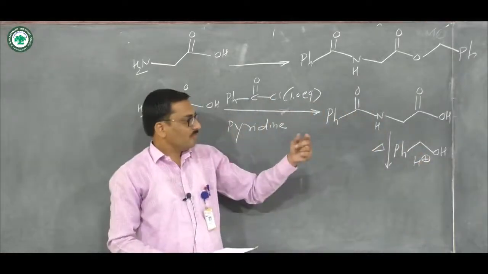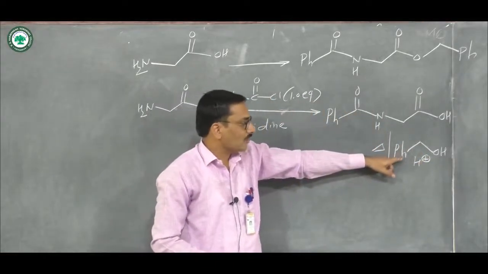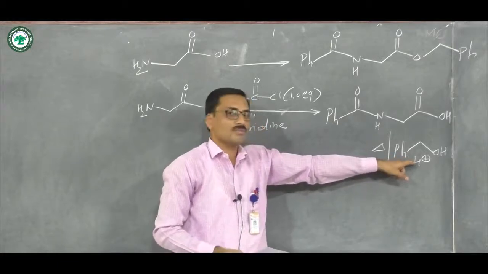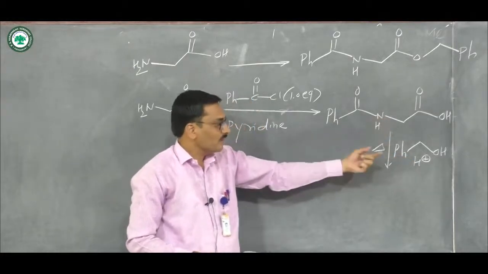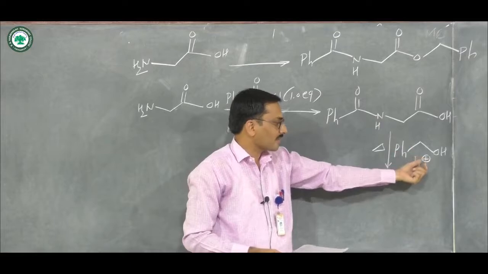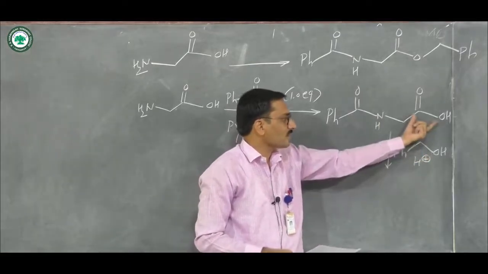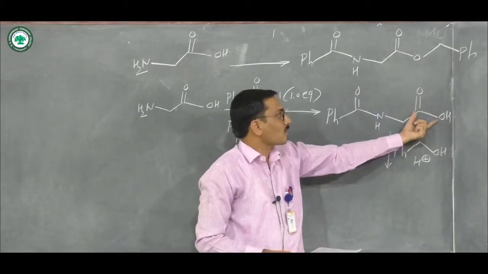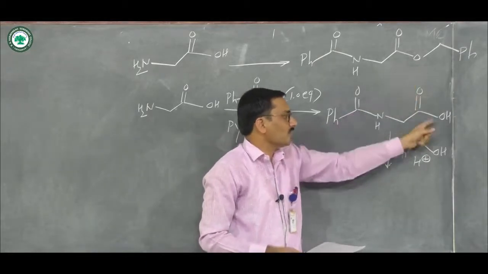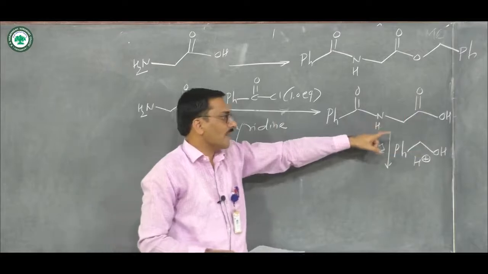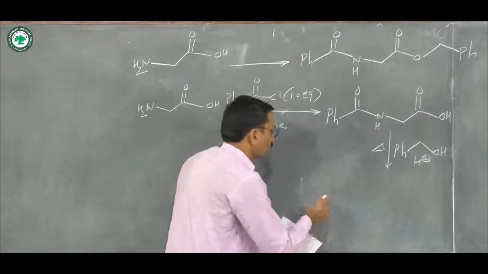In the next step, we use benzyl alcohol in the presence of an acid catalyst. So this benzyl alcohol reacts with this carboxylic acid and there is formation of this type of group. So in this way, we protect this carboxylic acid using benzyl alcohol.